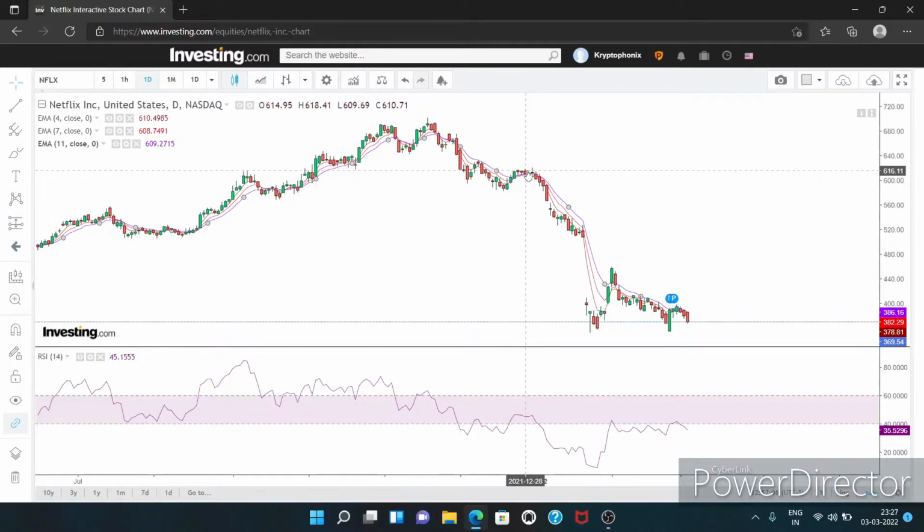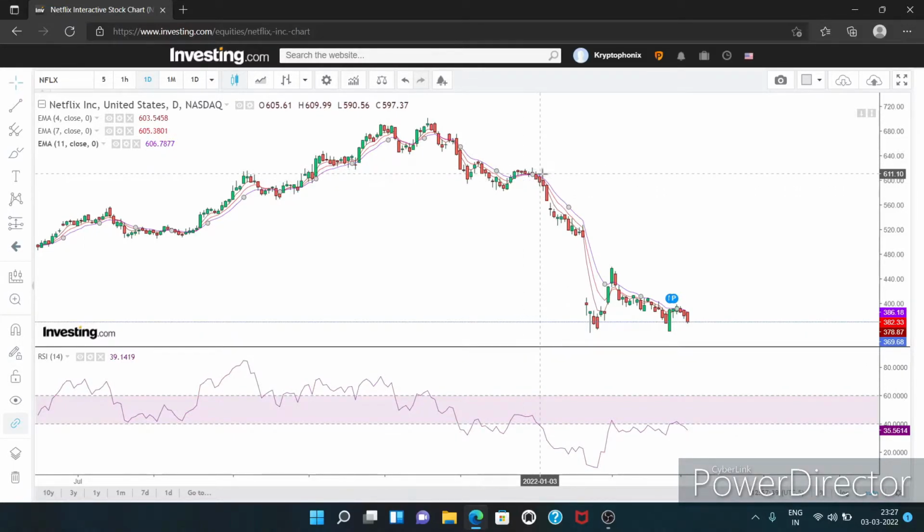But at this point when the crossover is formed, 11 EMA moves above the 7 and 7 moves above the 4. What happens here is 11, which was acting as the support level, starts acting as the resistance level, followed by 7 and then the 4 EMA. So the longer length moves above the shorter length.